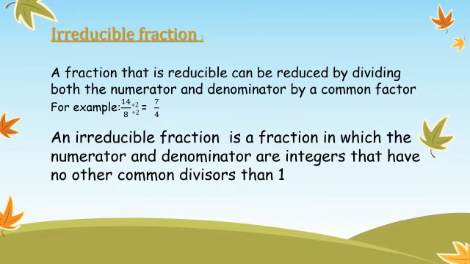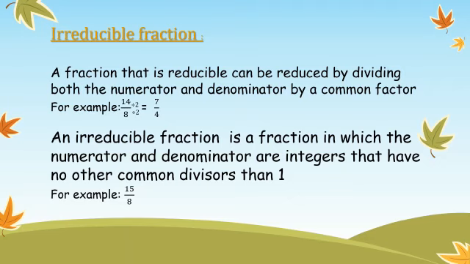An irreducible fraction is a fraction in which the numerator and denominator are integers that have no other common divisors than 1, same as 7 over 4, because 7 we can divide by 7 and 4 we can divide by 2, but we can divide 7 and 4 by 1, so 7 over 4 is irreducible fraction.